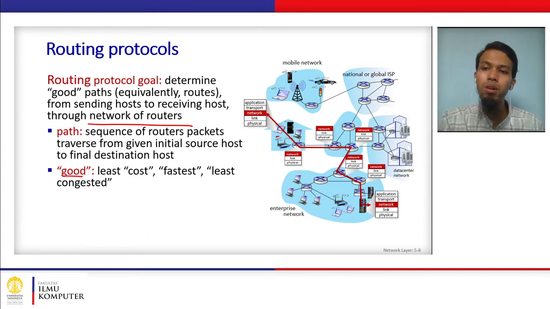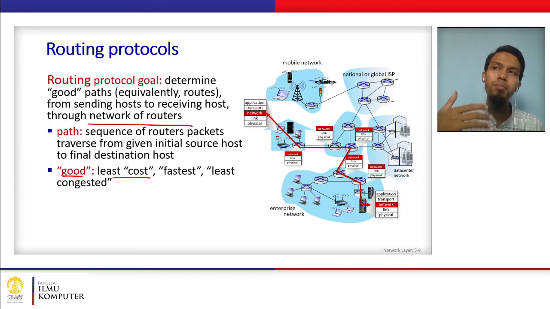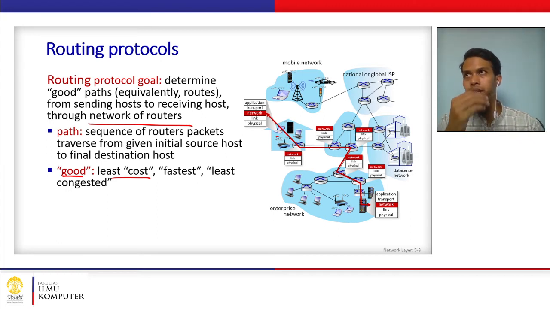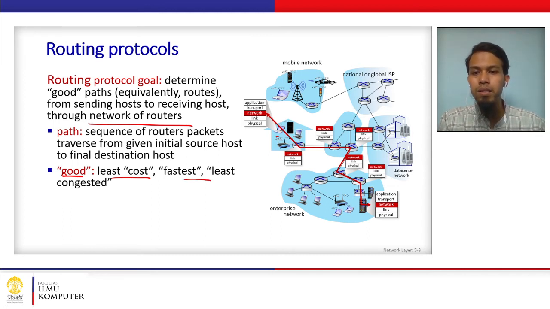And then, the definition of good. Because we talk about the good path, we can define any metric or any parameters. The general way of saying a good path is least cost, and the cost can be defined as, let's say, shortest path, fastest meaning minimum delay, least congested, and so on.